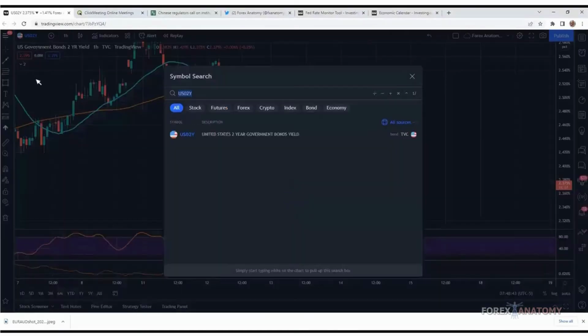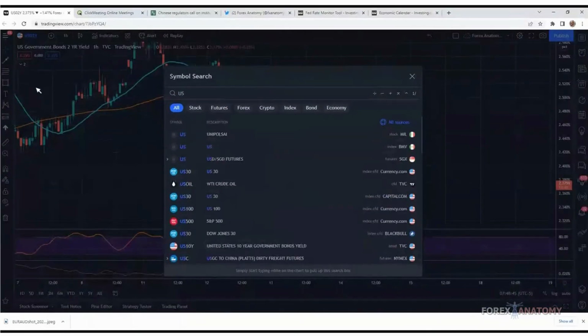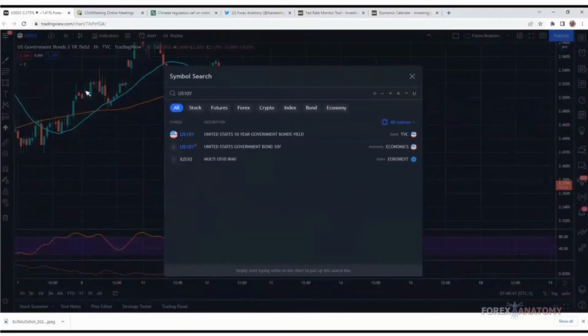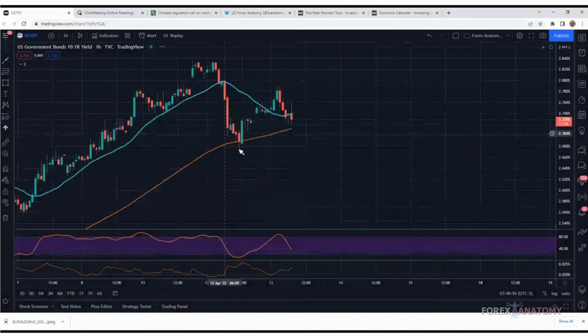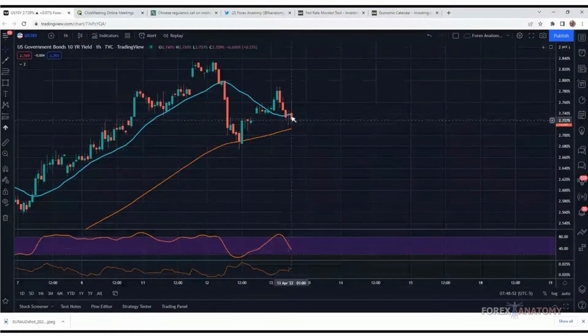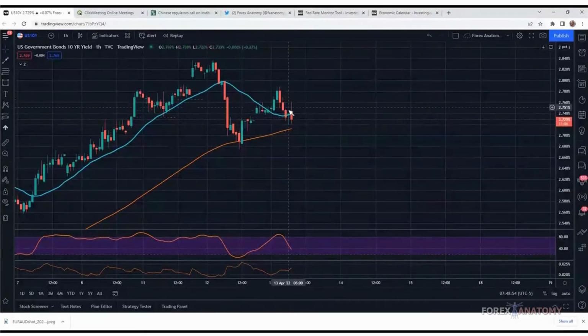Let's go to the U.S. 10 year and see what that's doing. We're kind of seeing the same thing: it spiked, but now it seems as if it's softening.